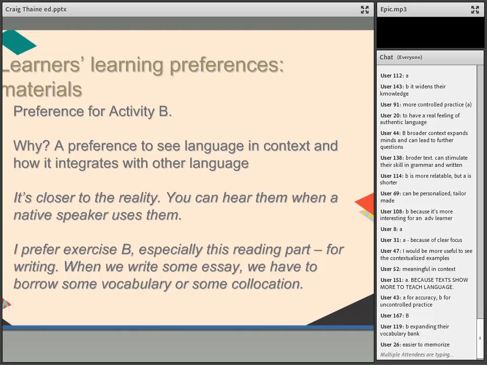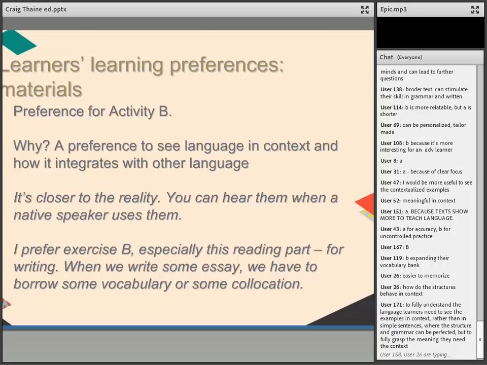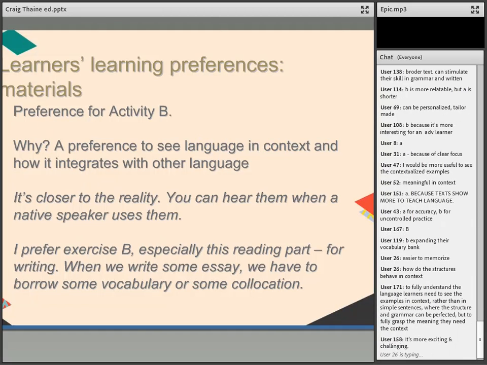And their reasons were, they said it was closer to reality. So there's this idea of authenticity. They felt that the language is more authentic and therefore more interesting and more useful and closer to what a native speaker would be doing.